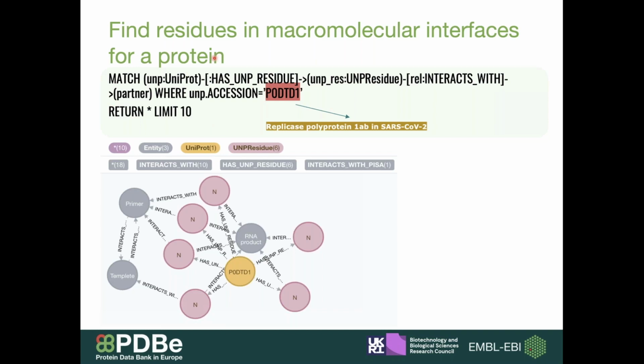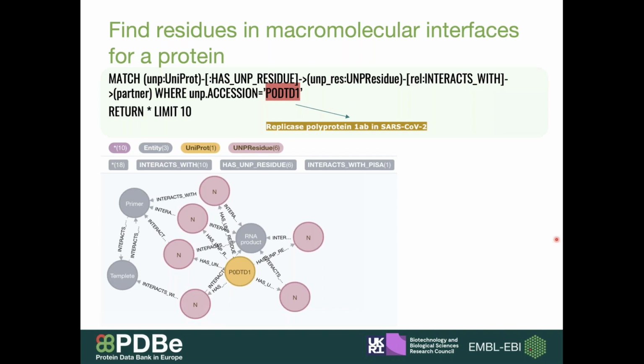Similar to bound ligands, we transfer the protein-protein interaction data from PDBe residues to their mapped UniProt residues as well. This data is available in the interacts with relationship between a UniProt residue and its partner.